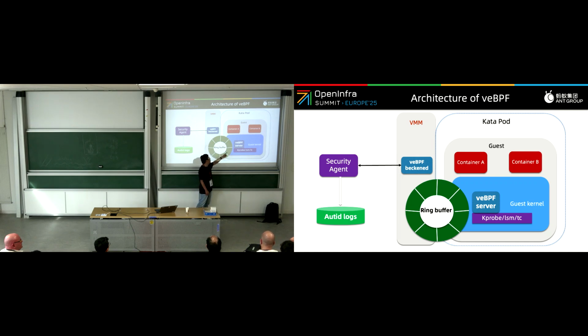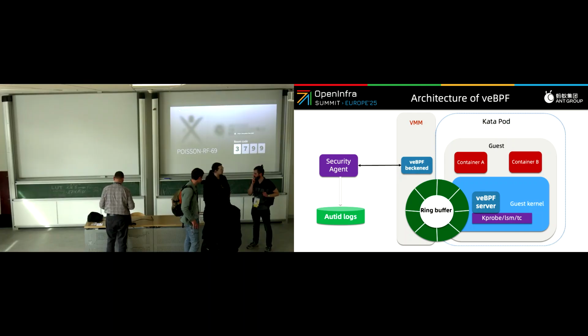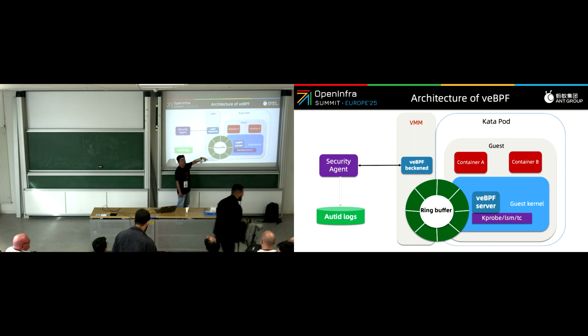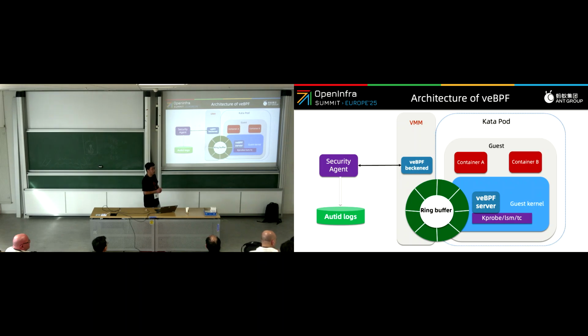Then we use vsock to share the eBPF ring buffer access from guest to host, and then we read the eBPF programs from the ring buffer. Thanks, that makes sense. Yeah, very simple.